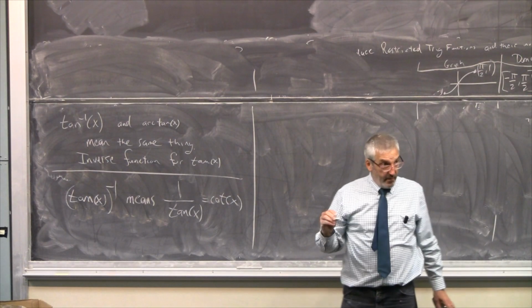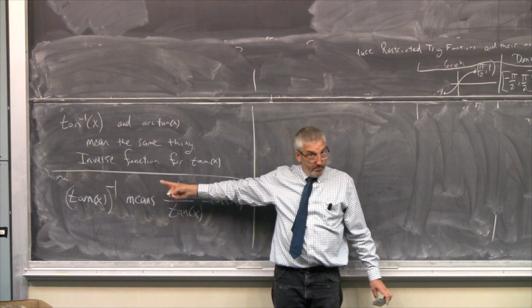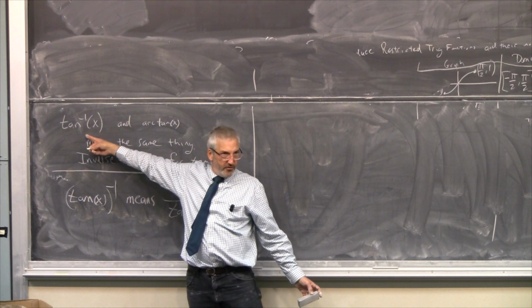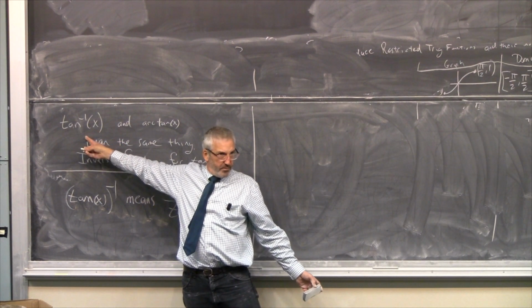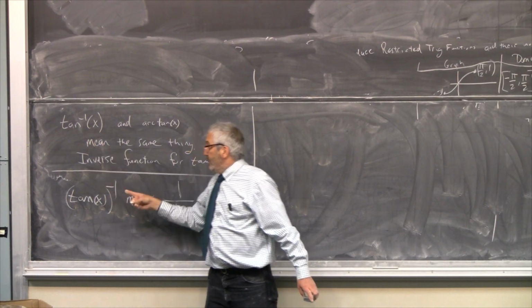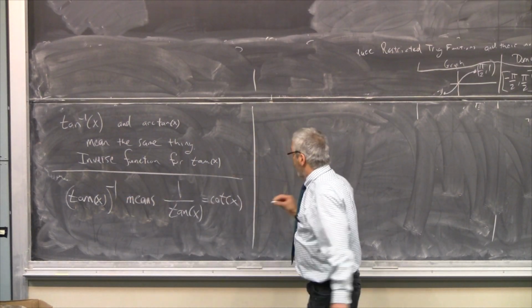Now, it gets so this is sort of precise symbols. But this is the standard way that you denote an inverse function. You put the function's name and you put a superscript -1 right next to the function's name. And that means something else from what this means. Now, think about this.